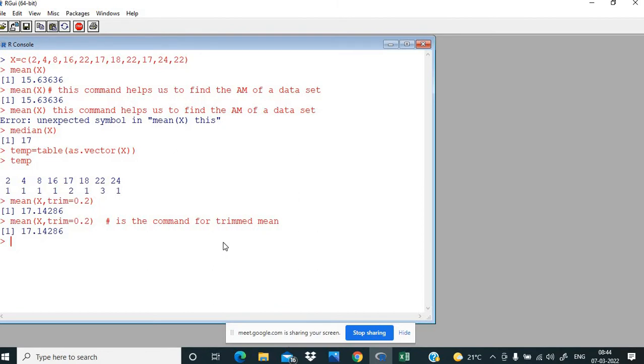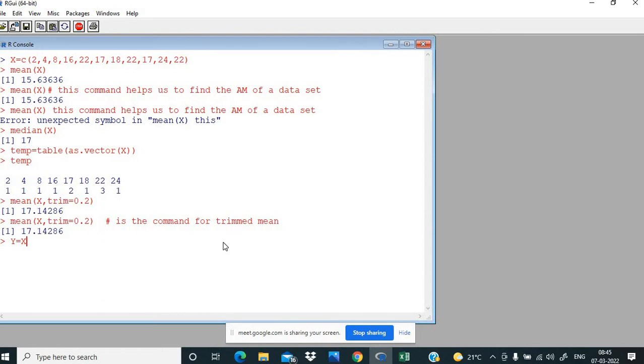Now what happens? Suppose I want the values of x which are greater than median. So what are the values of x which are greater than median? For that we write a new set, that is y, or I may write capital Y also. In capital Y, I am trying to store those values of x which are greater than median.